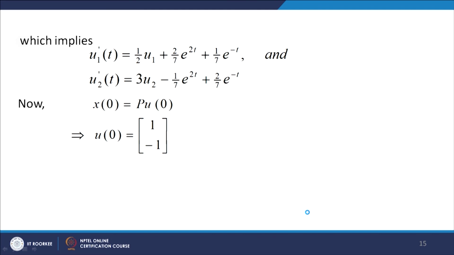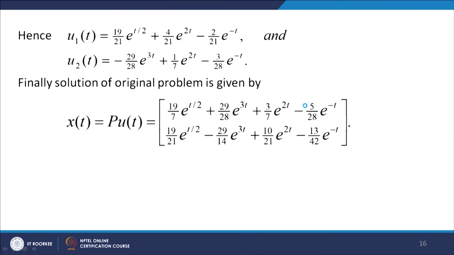If you find P inverse x(0), you will get 1, -1. So u1(0) equal to 1 and u2(0) equal to -1. We have these two linear equations in u1 and u2 with the initial conditions, and we can solve them easily to get u1(t) and u2(t).